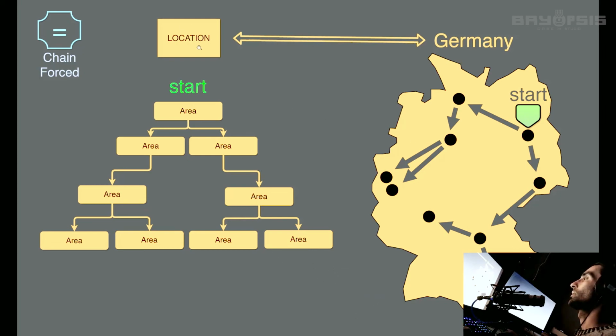This is one location in this case, and the areas are cities, and there will also be smaller areas in between that have no name. And the logic here is to represent left. This is a classic chain forced, where when we reach an end, we have to exit. And in this case, I can manage the routes better and not have it purely random.